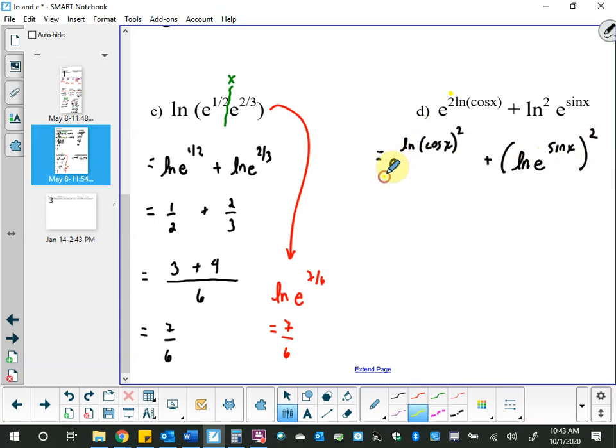In this part, these could cancel mentally, and you're left with cos x in a bracket squared, plus, mentally these cancel, and you're left with sine x in a bracket squared.